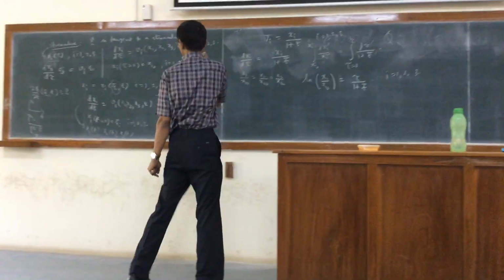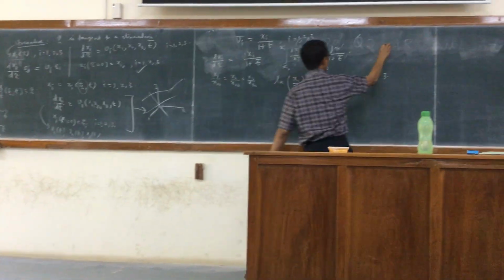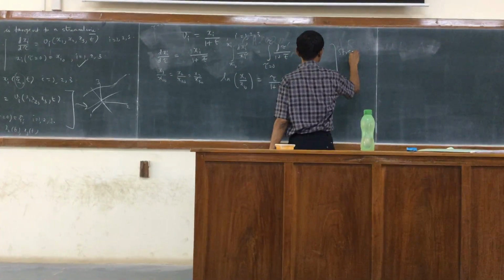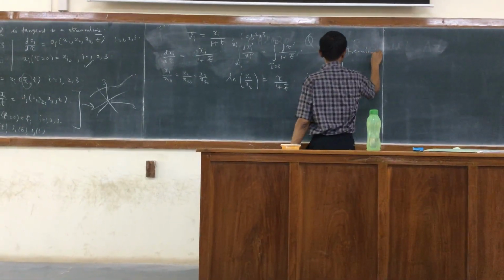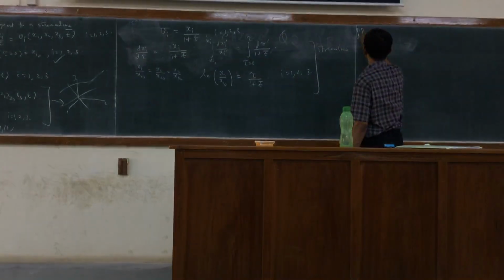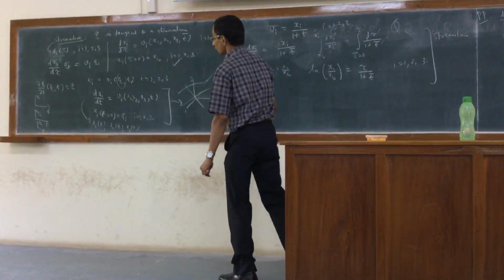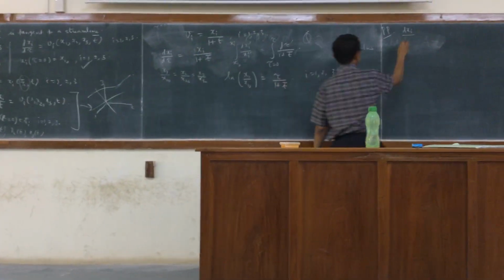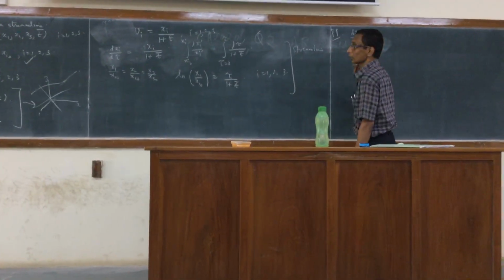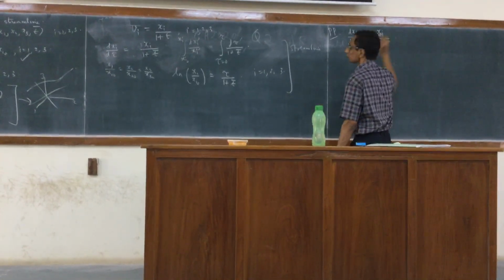Now what can you say about the particle path? This is the streamline, and they are all straight lines. Particle path would be dxi by dt is equal to xi by 1 plus t.